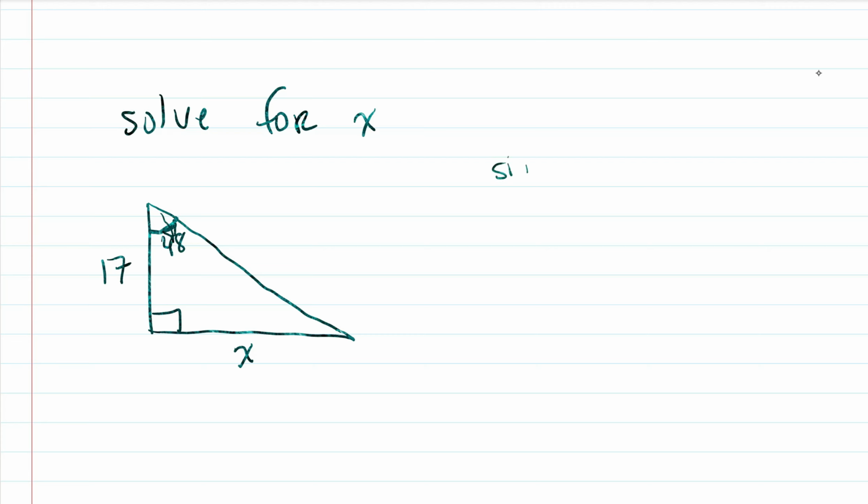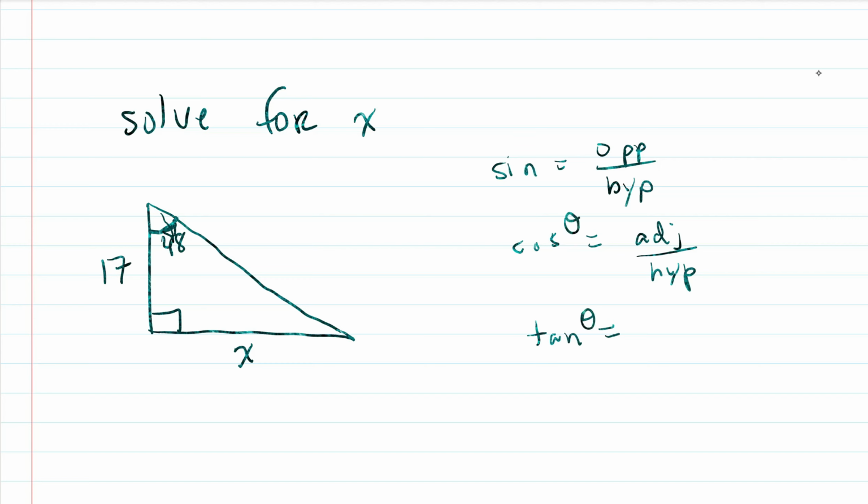Whether it's the sine, remember, is opposite over hypotenuse, or the cosine of theta, adjacent over hypotenuse, or the tangent of theta, which is opposite over adjacent. So looking at this, we don't know the hypotenuse, and we don't need to know it either.